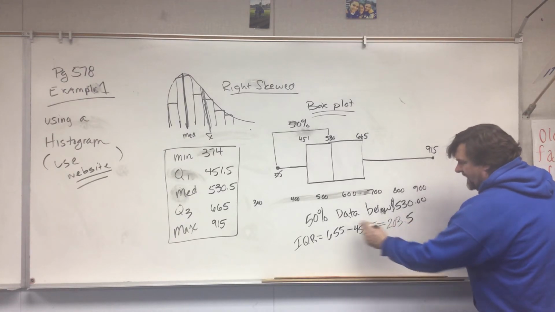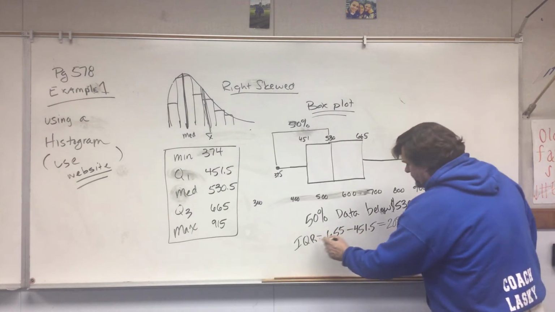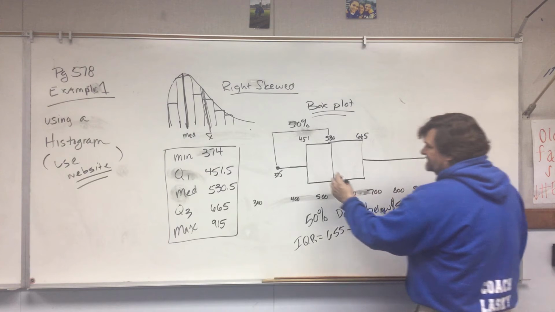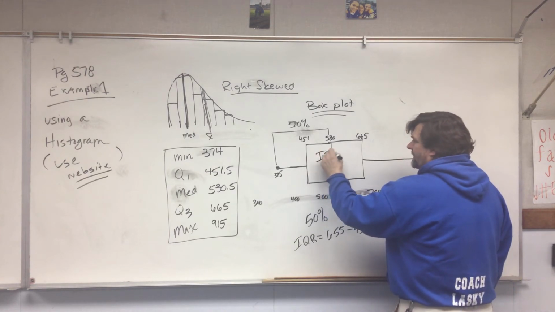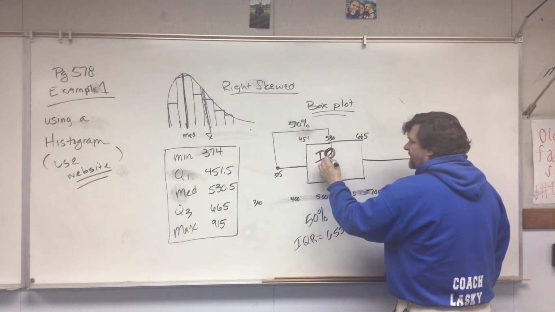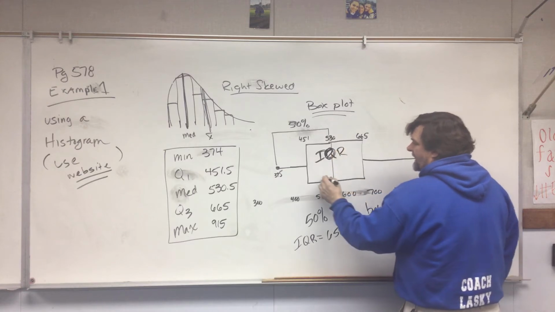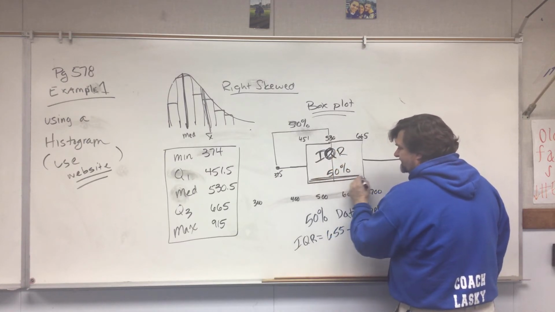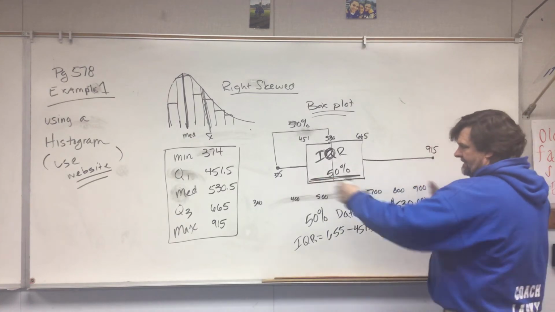is the range, right? So our IQR is the middle range of the middle 50%. So this is IQR right here. This box represents IQR, and this contains 50% of the data. This measures our spread of the data.